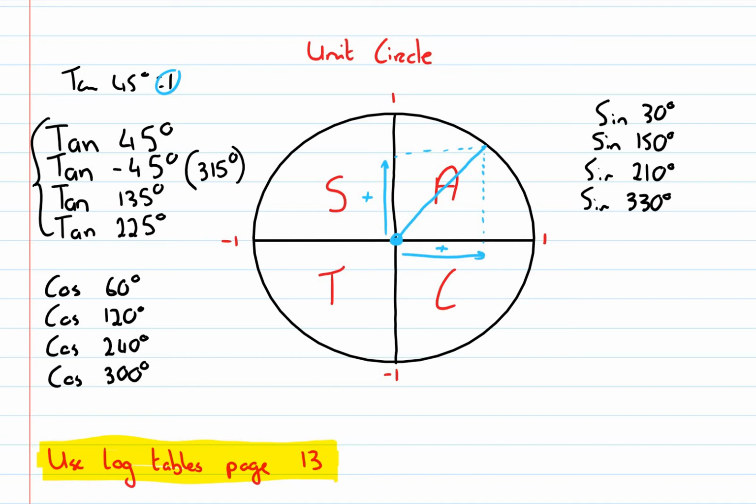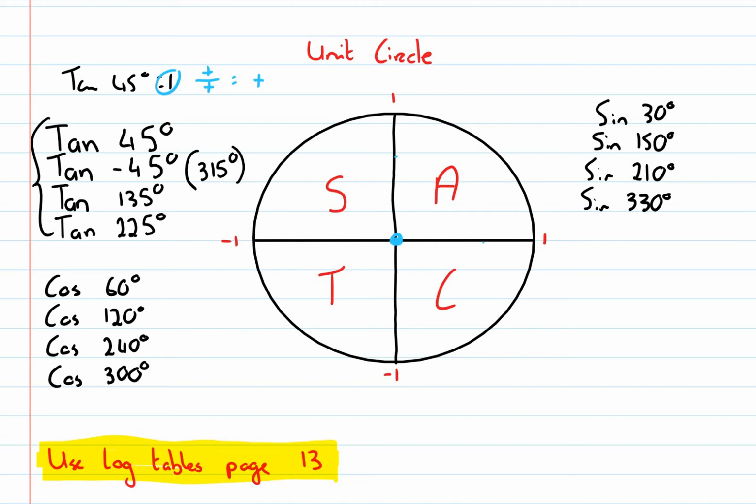Right, so when we're looking at tan, we have a positive over a positive answer, which will give us positive. So any tan angle in this quadrant, so basically from 0 degrees to 90 degrees, will always give us a positive answer.